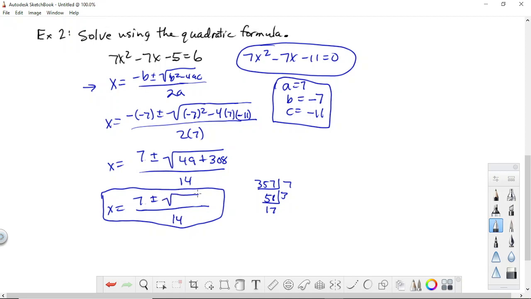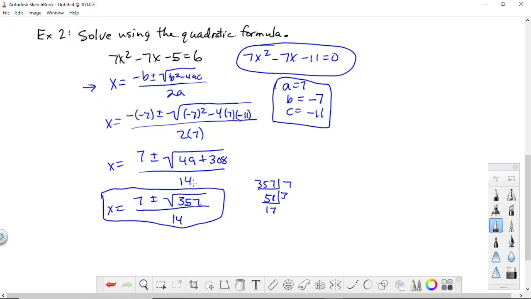So that's the square root of 357. Okay. And again, we leave it in this form.